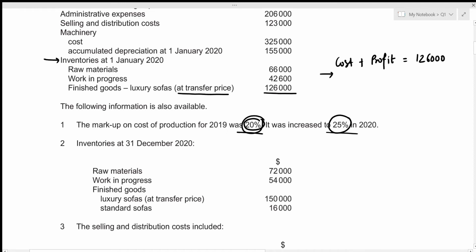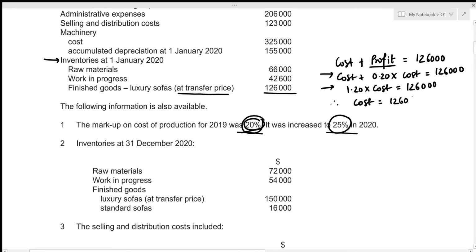Now what we know is that profit is just going to be 20% of the cost, because that was the rate of the markup on cost of production for the year 2019. So that's cost plus 0.20 times cost equals 126,000. So cost plus 0.20 times cost is just going to be 1.20 times cost equals 126,000. Now we can easily figure out the cost of the opening inventory. That's just going to be 126,000 divided by 1.20, which results in 105,000.